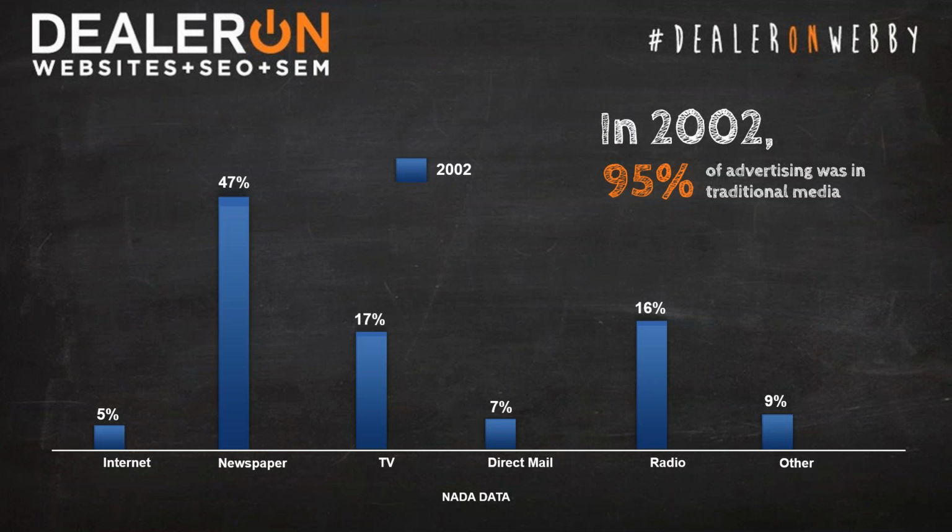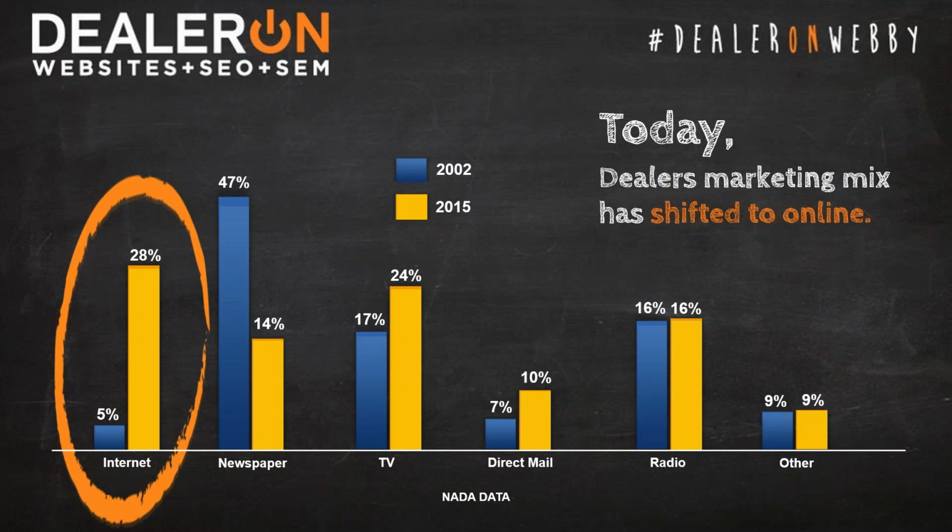If you go back 14 years, you'll see that 95% of dealers' marketing spend was offline. The 2015 yellow columns that you see are NADA's 2015 numbers. So even in today's age, you still see 70% plus of a dealer's marketing spend going to traditional media channels: newspaper, TV, direct mail, radio.